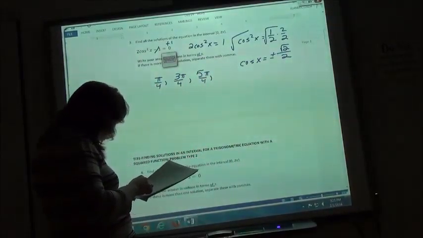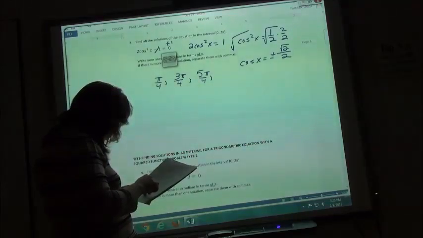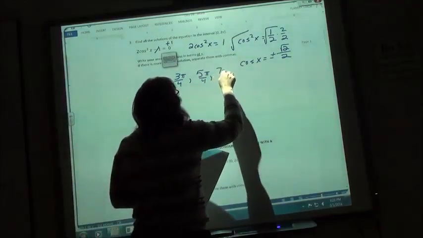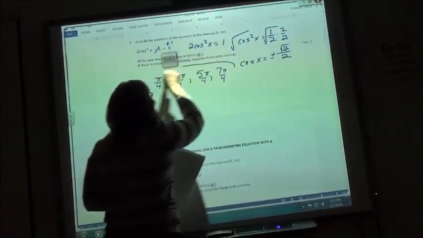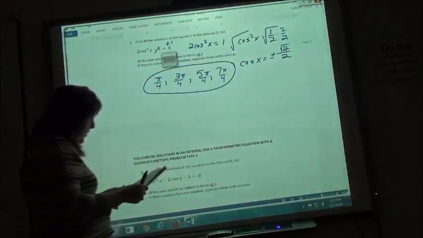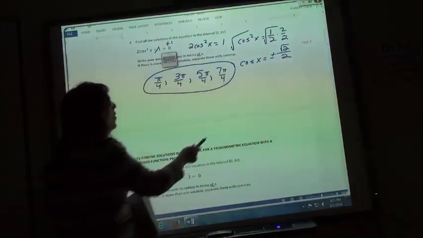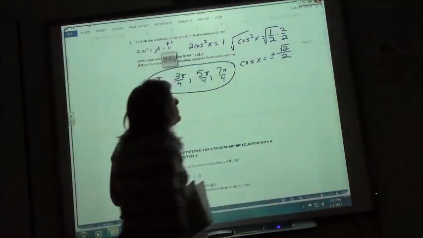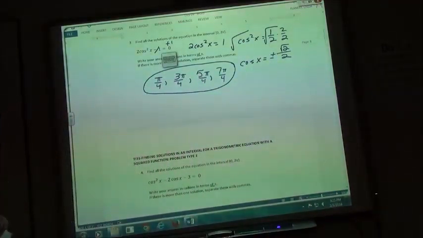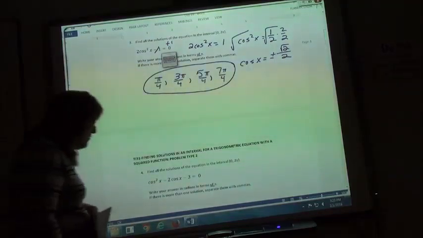And then in quadrant 4, I have square root of 2 over 2 at 7 pi over 4. So I have pi over 4, 3 pi over 4, 5 pi over 4, and 7 pi over 4. So just solving those and remembering when I do the square root, I have plus or minus my answer. So I end up with 4 answers usually, 2 for each of them.